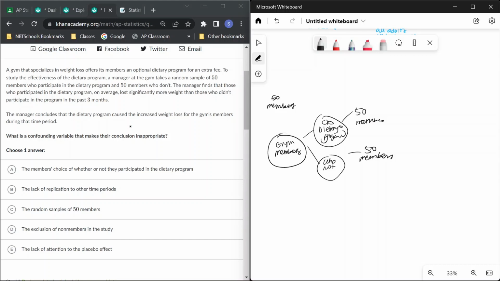Wait, so is it just 100 members? It's not randomly assigned to a treatment.